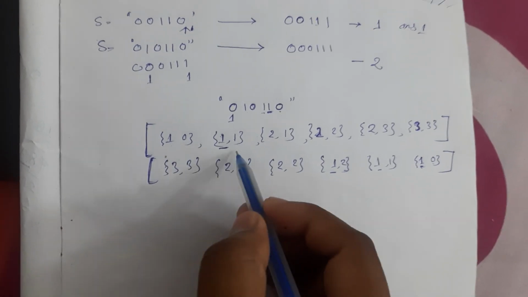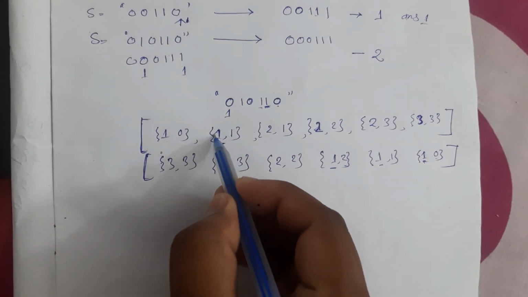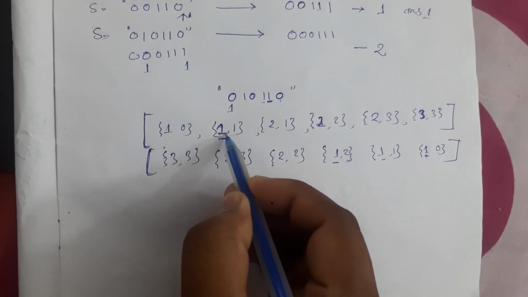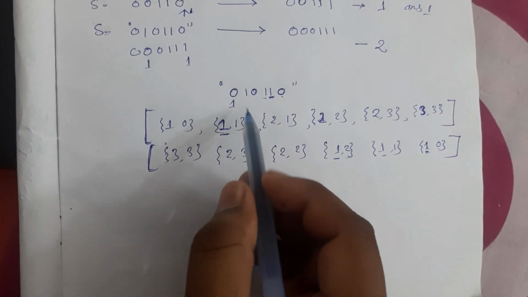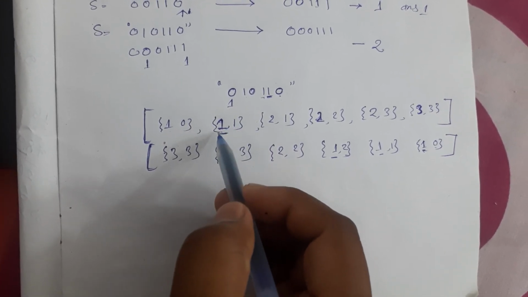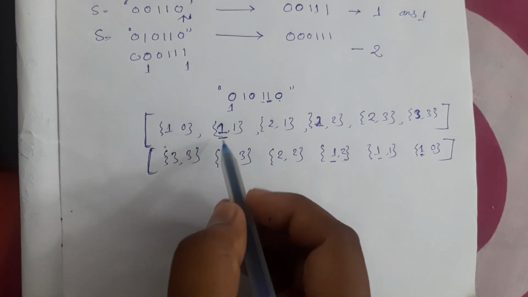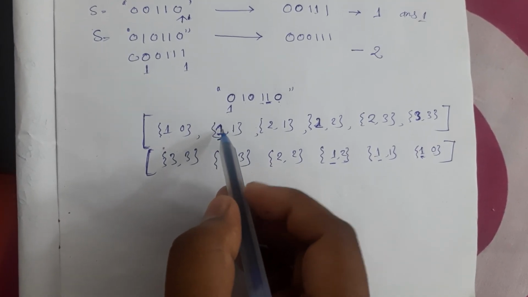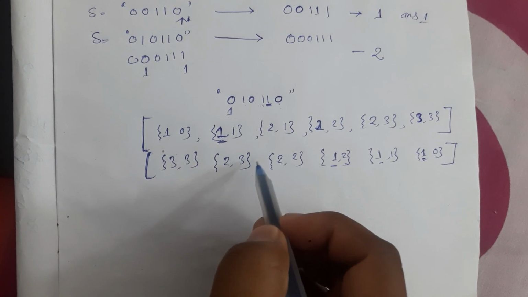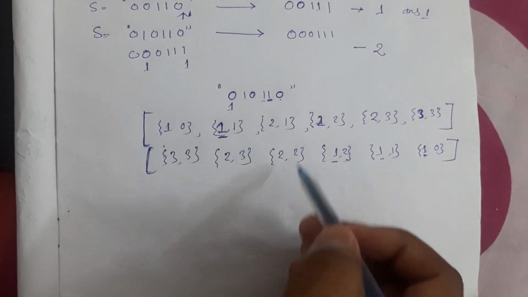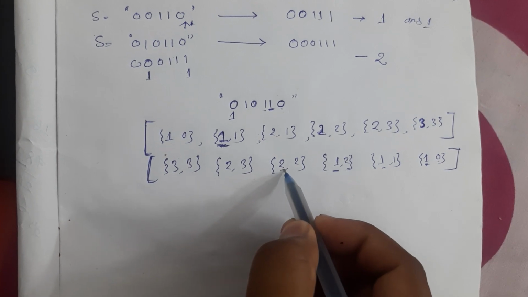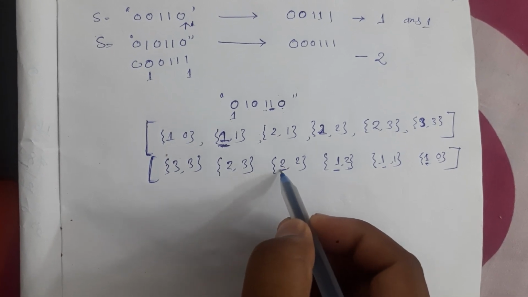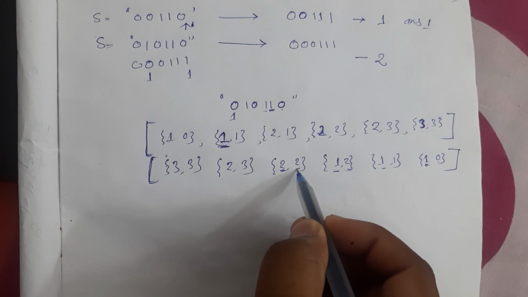At this position, the number of 0 is 1 on the left side of the string, and from the right side of the array the count of 0 is 2 and the count of 1 is 1.